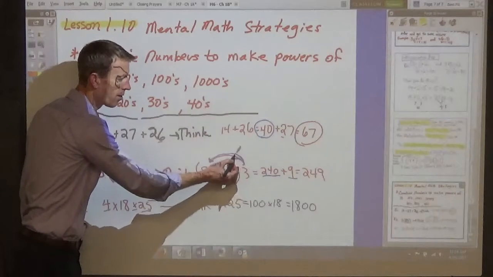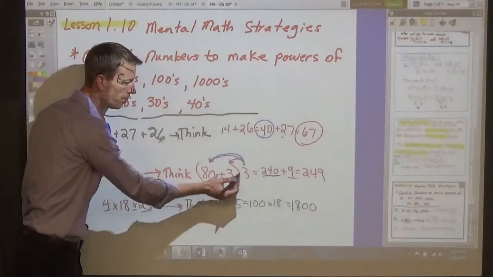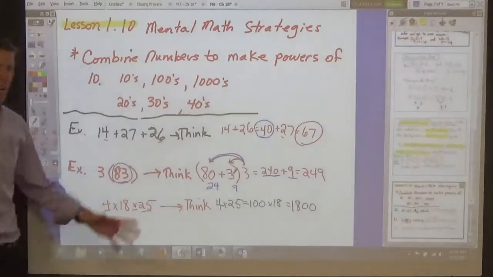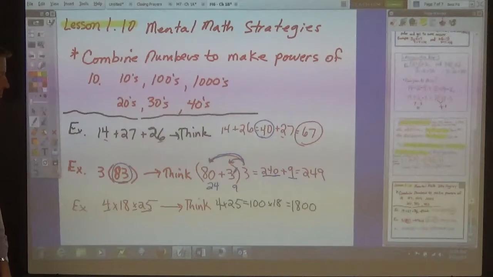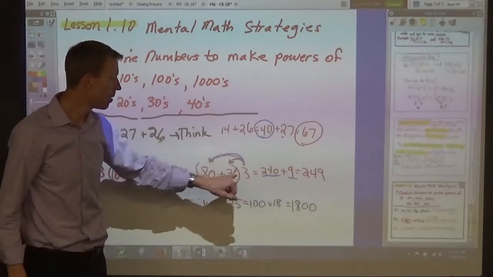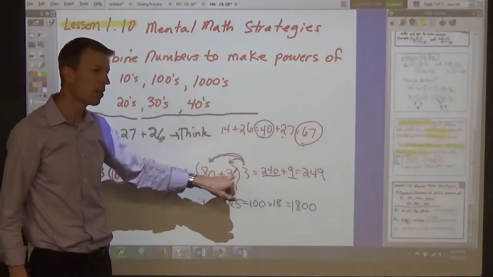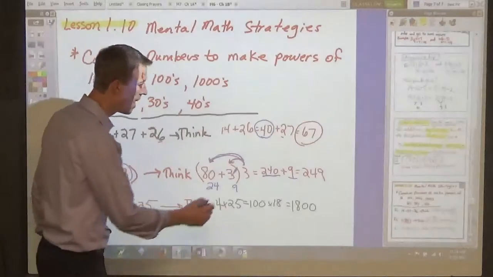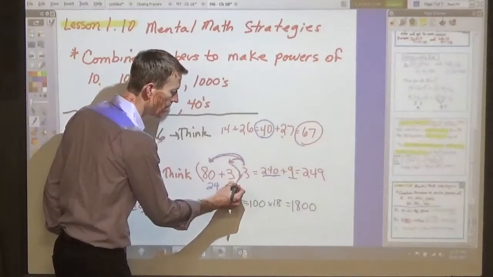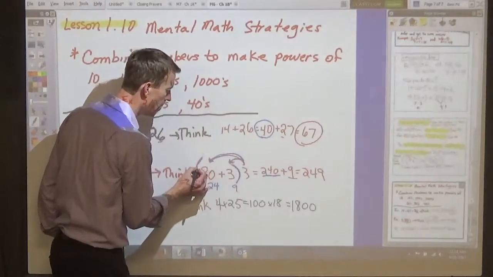I'm multiplying the 3 times 80, and then the 3 times 3, and then adding those two numbers together. It wouldn't be add. I can't plus them because it doesn't say 3 plus 3. It doesn't say times either. Yeah, the parentheses mean times.